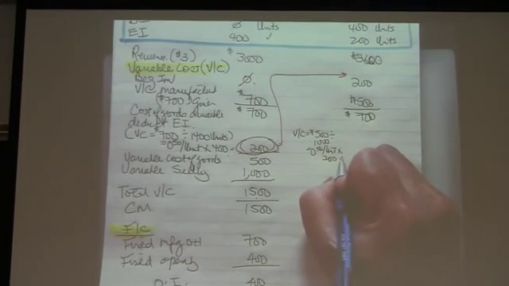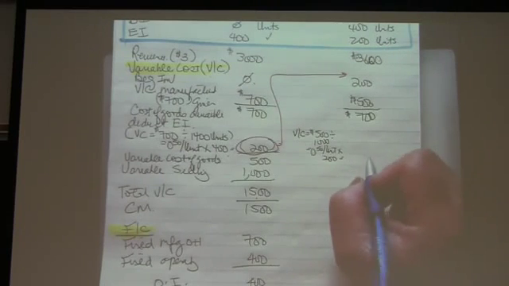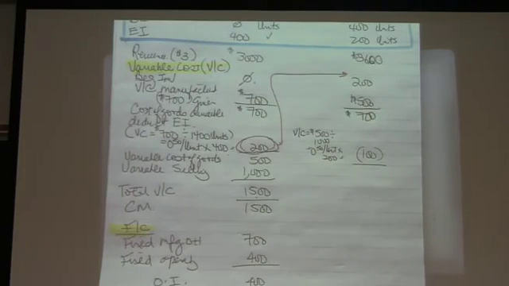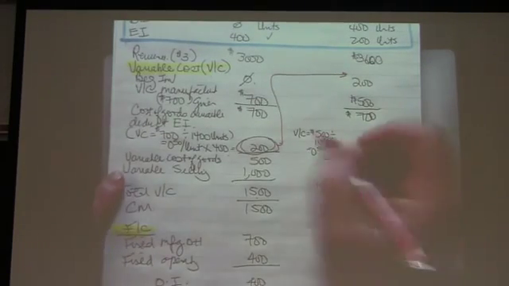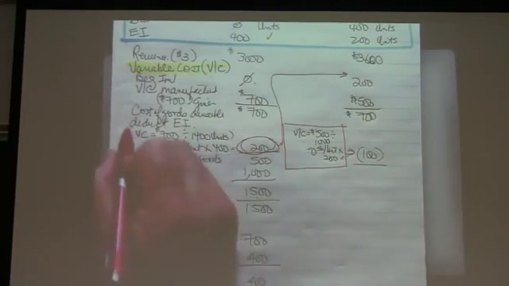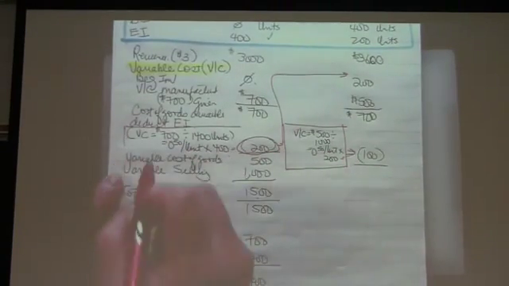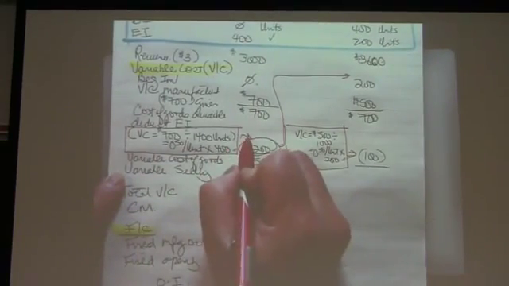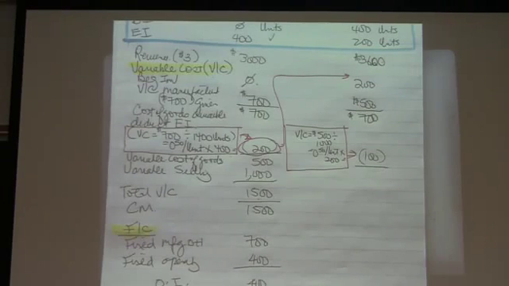To give us 100. So I just want to put a little box beside this because this is part of the calculation to get us there. Okay?